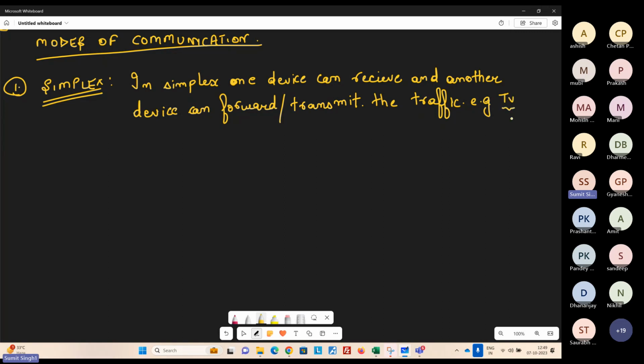TV receives input from our remote, and then according to the input, it provides us the output. Your keyboard is providing the input only, not the output. Mouse, input only. Your radios, output only.